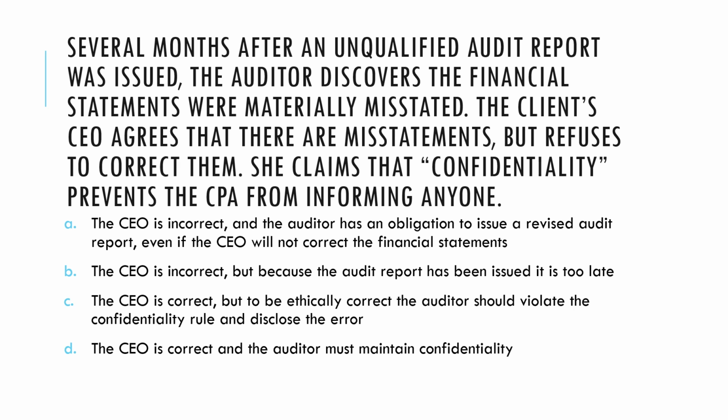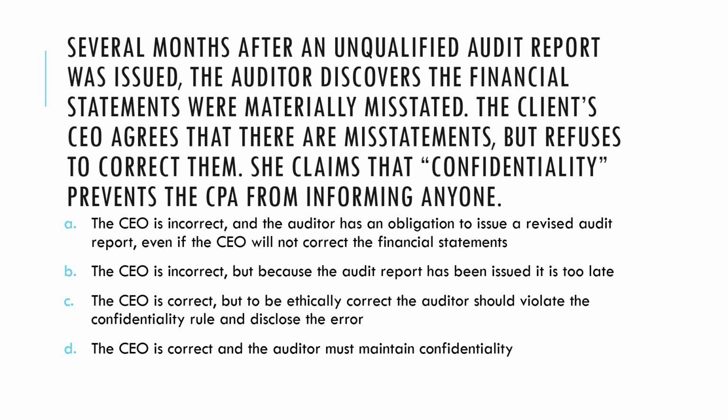Now, the client CEO agrees that there are misstatements, but the CEO refuses to correct them. She claims that confidentiality prevents the CPA from informing anyone of the misstatements. Let's now evaluate our choices. Letter A would say the CEO is incorrect and the auditor has an obligation to issue a revised audit report, even if the CEO will not correct the financial statements.